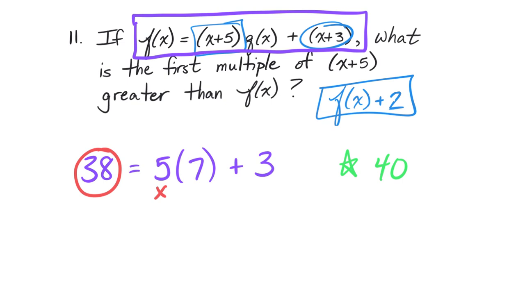Yes, but why? Well, if it is a multiple of 5, then it means it's going to divide by that evenly. Its divisor goes in evenly. So I'm going to need a value that 5 goes into. The second part, though, is that if it goes in evenly, then I have no remainder, which means that remainder of 3 right there has to disappear. So how can I figure that out?